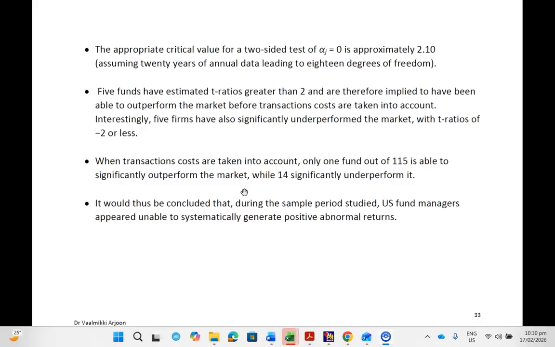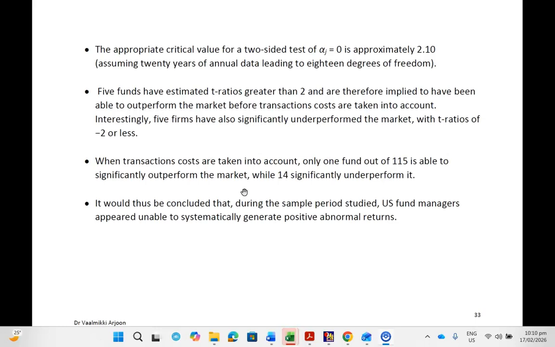That's the critical value, assuming 20 years of annual data, which gives you 18 degrees of freedom, because the degrees of freedom using the t distribution will be the sample size of 20 minus 2, so you get 18.